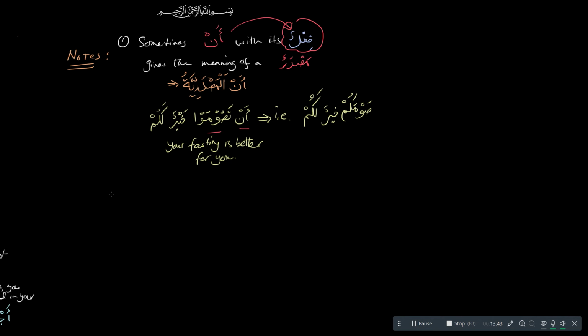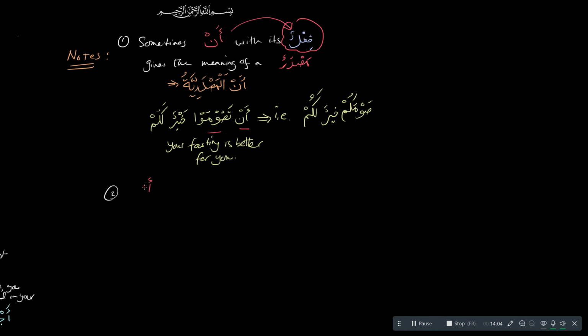Okay, note number two. There's lots of notes. We're doing it patiently. An is hidden after the following six huruf and makes the last letter of the fi'l mudari nasbun. This is very important.